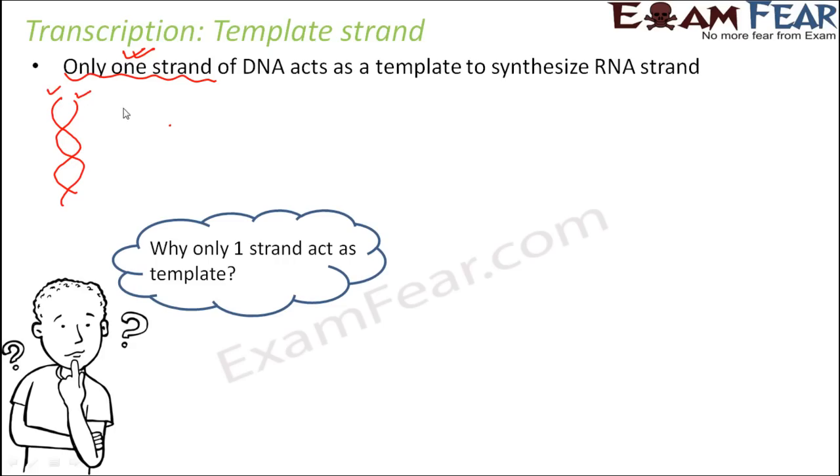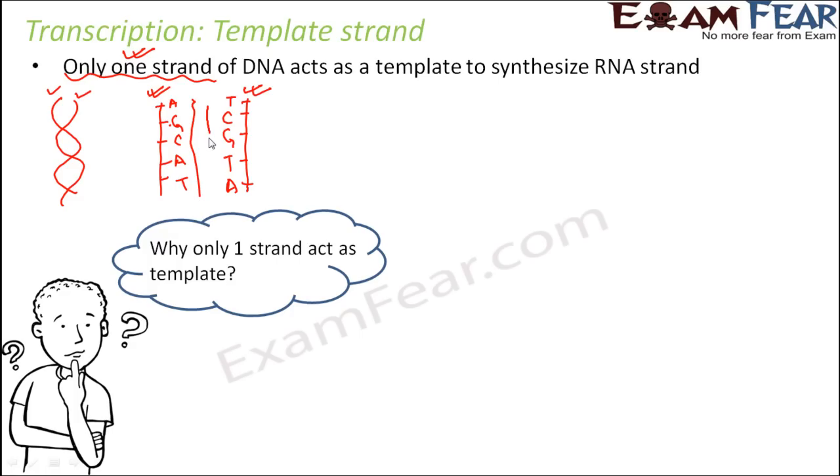If both the strands of DNA act as a template, suppose this is the first strand with a sequence like A, G, C, A, T, and this is the other strand of DNA with T, C, G, T, A. If both of them act as template, what will happen?